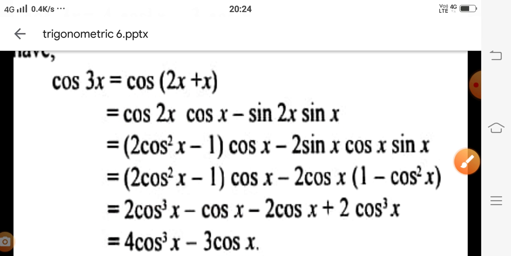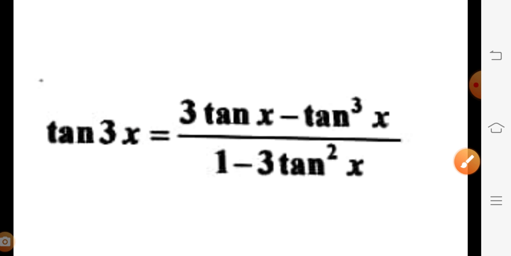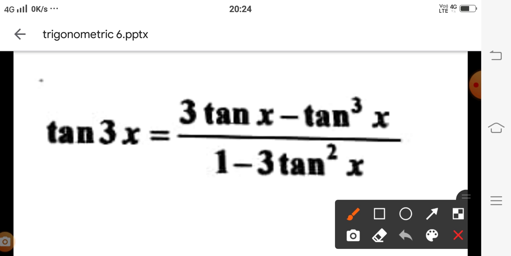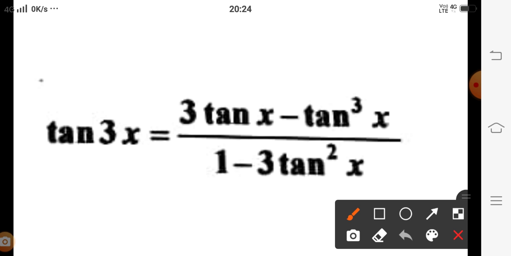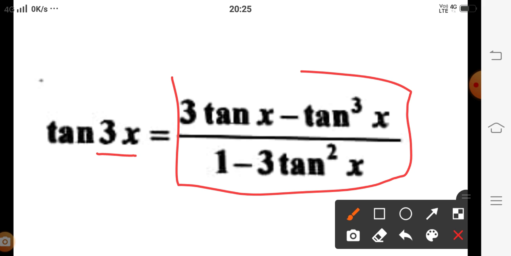Similarly we are able to get the value of tan 3x. Tan 3 theta is (3 tan theta minus tan cube theta) upon (1 minus 3 tan square theta), and if you are taking theta as x, then tan 3x is equal to (3 tan x minus tan cube x) upon (1 minus 3 tan square x).